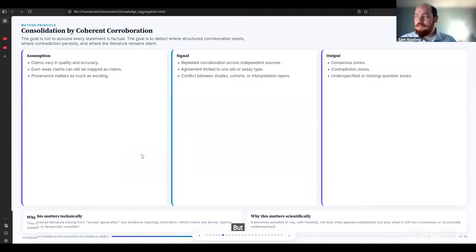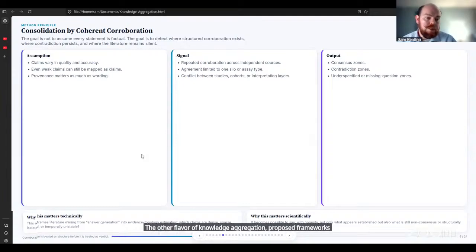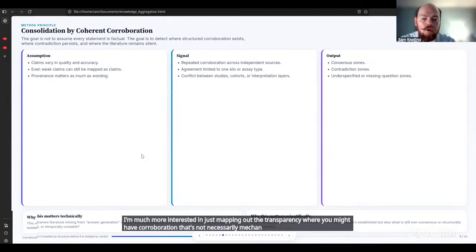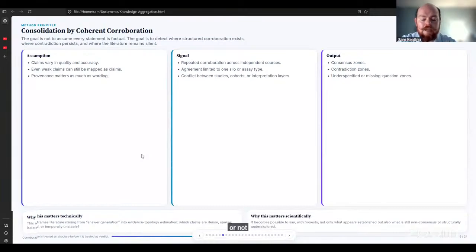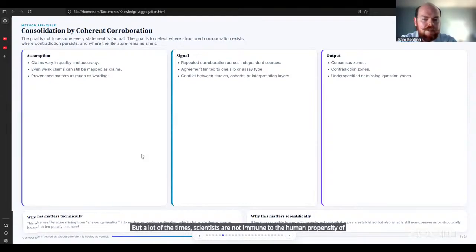But with the other flavor of knowledge aggregation proposed frameworks, I'm much more interested in just mapping out the transparency, where you might have corroboration that's not necessarily mechanistic or not as coherent as the causation of a scientific process. But a lot of the times, scientists are not immune to the human propensity of believing in something more heavily than we have the evidence to back up, and saying, my work is the greatest. I know I'm right.